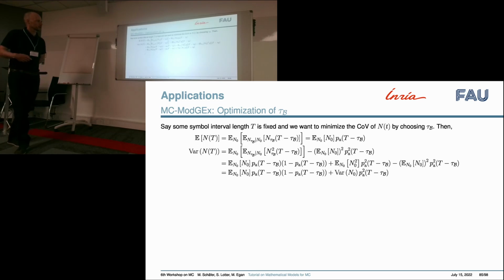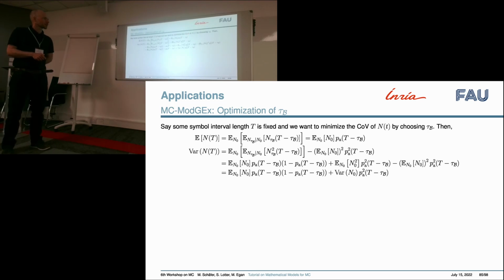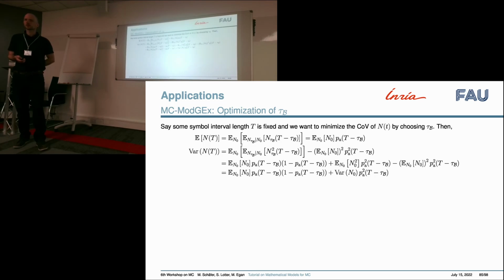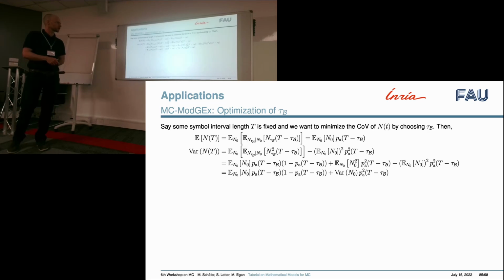Okay, and then finally, the last thing that we can do is plug in this distribution that we obtained from the series expansion into expressions that we can derive for the mean number and the variance of observed signaling molecules.